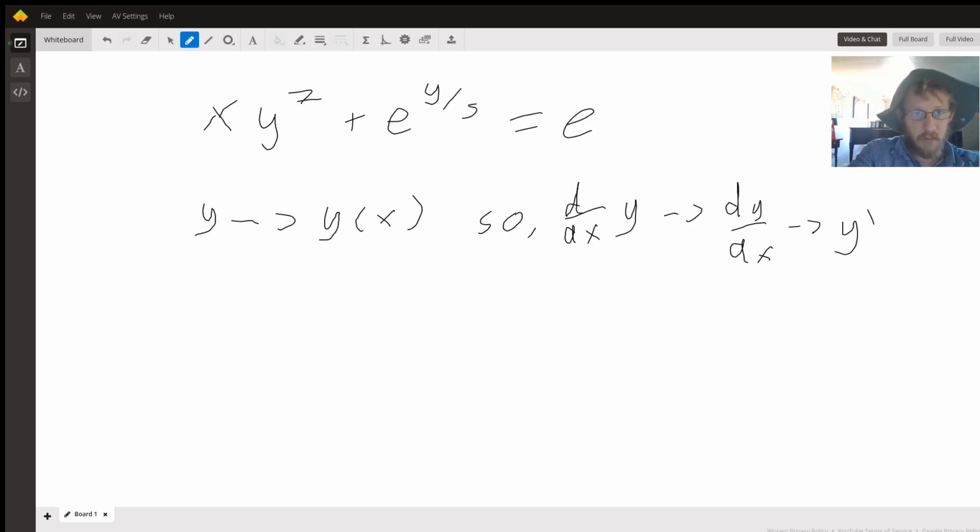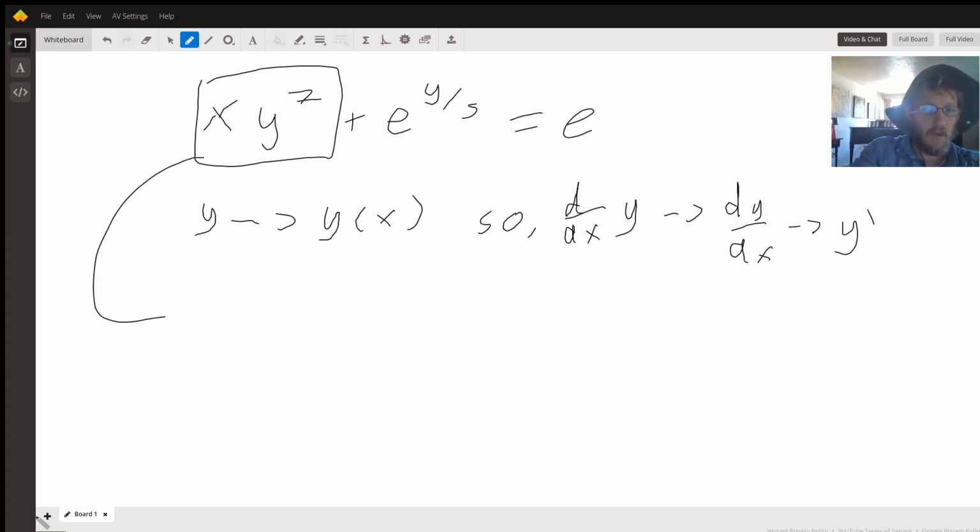But what I like to do with these problems is I like to split them up. So we're going to take this term here. We're going to say, taking the derivative with respect to x of x times y to the 7th. Now, for this, we need to apply the product rule.